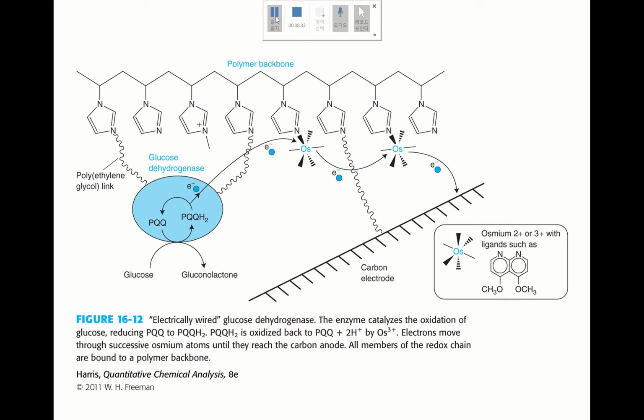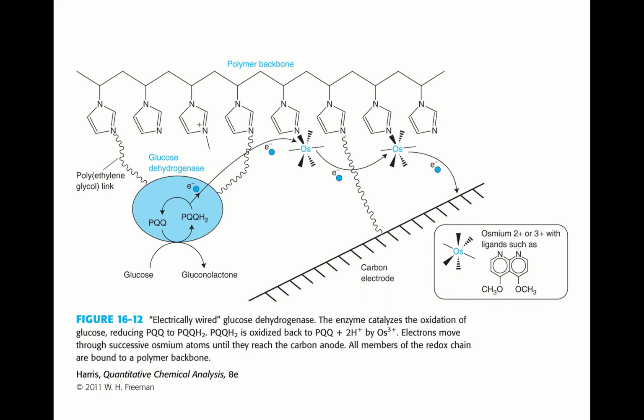Okay, so the idea is that there is a long polymer chain. Since the polymer chain is so long, it can have access to the active site of an enzyme, glucose dehydrogenase in this case. I think this one now oxidizes glucose to gluconolactone, and as you know the enzyme molecule is very big, and the active site is usually buried inside the enzyme.